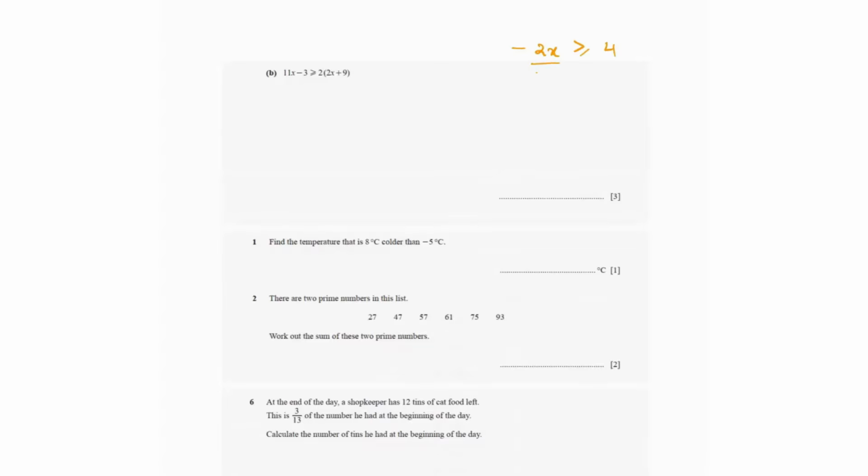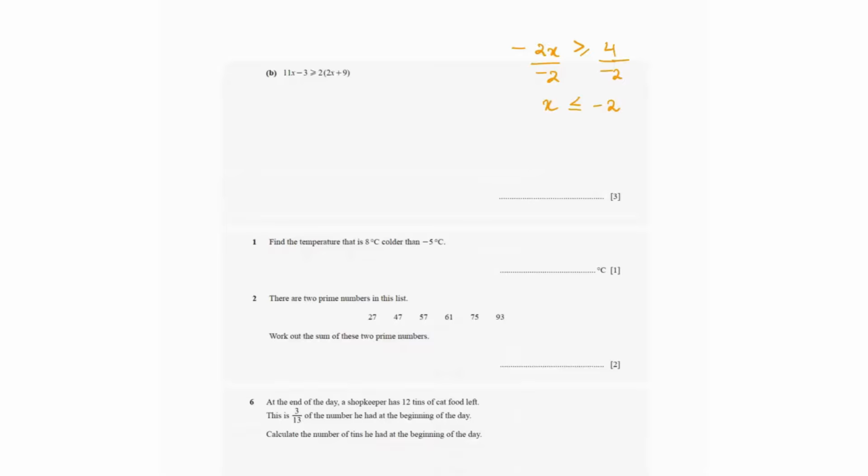So we're going to divide both sides by negative 2. When you divide both sides by negative 2 in inequalities, your inequality flips. Flipping the inequality means that it's going to be the opposite. So it's going to be x less than or equal to negative 2 now, not greater than or equal to.